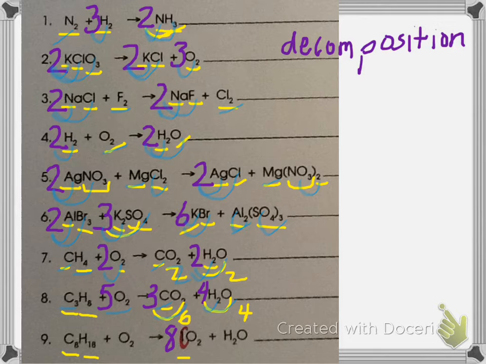I have 18 hydrogens here, and I have 2, so I need a coefficient of 9 in front of water to get 18 hydrogens. And then I'm looking over here, so I have 16 plus 9, which is 25, which poses a bit of a problem.